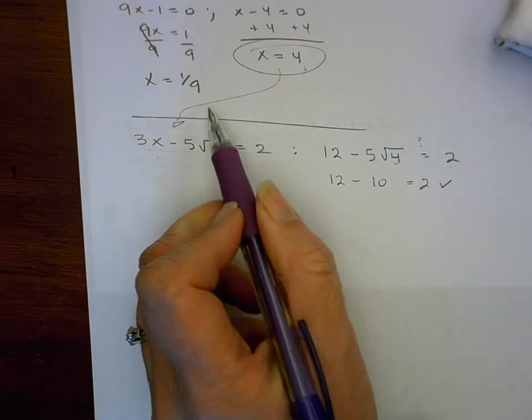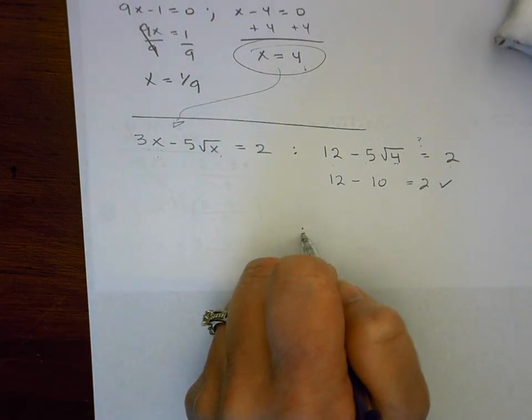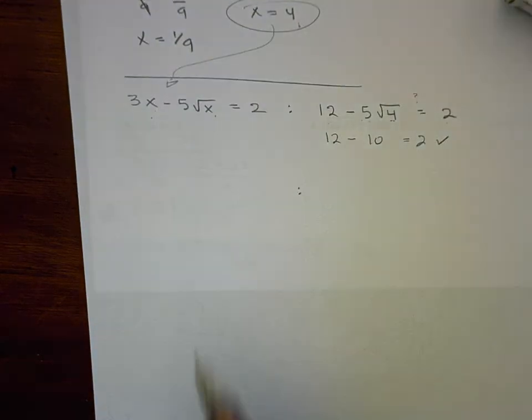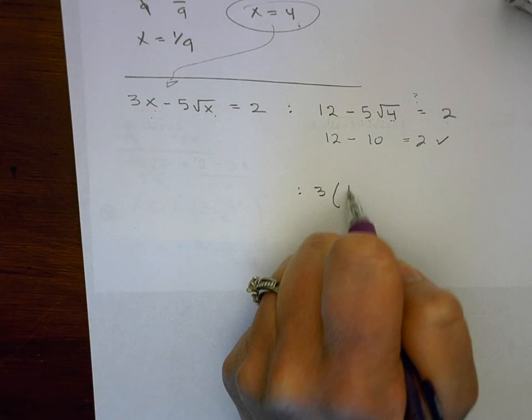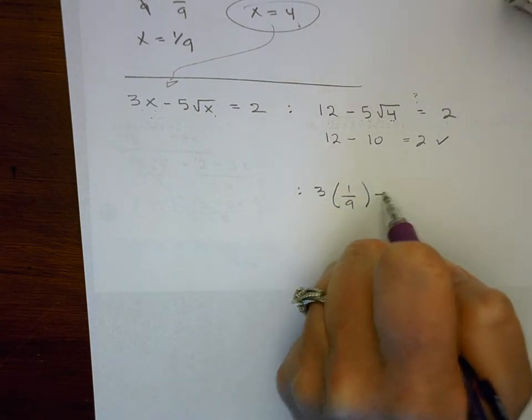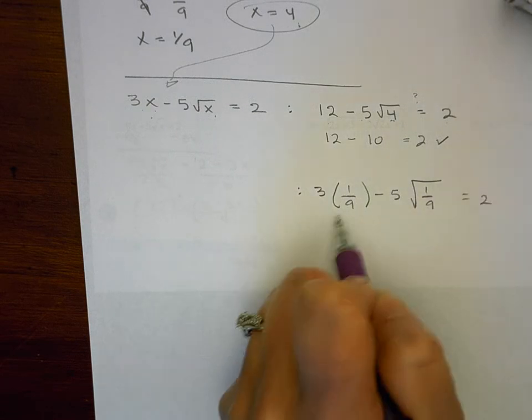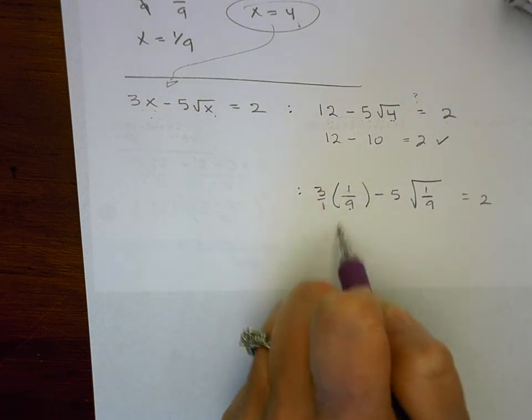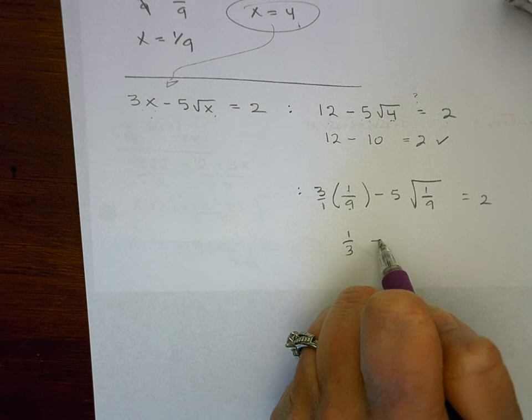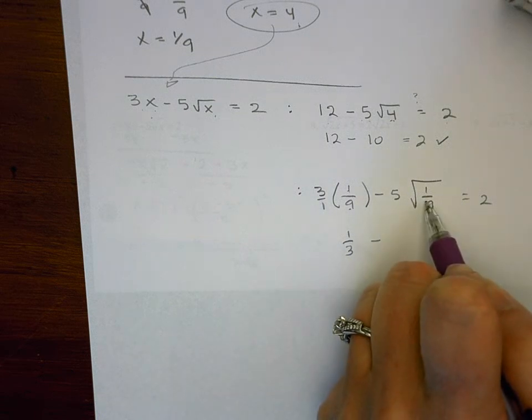And so now for 1/9, so now I'm going to substitute x as 1/9. So that's going to be 3, and then 1 over 9 minus 5, and then the square root of 1 over 9. So this would be 3 over 9, which is 1/3. Minus, and then this would be 1/3 as well, right?